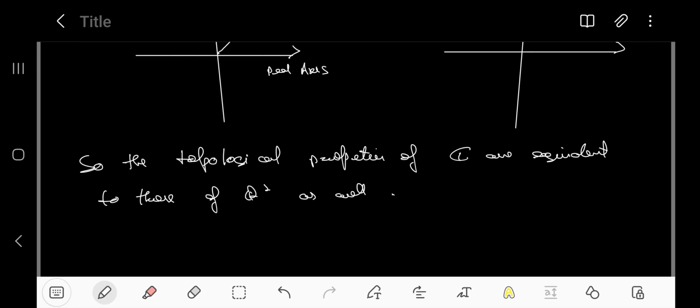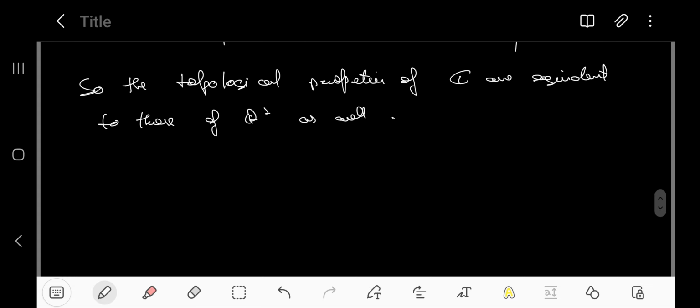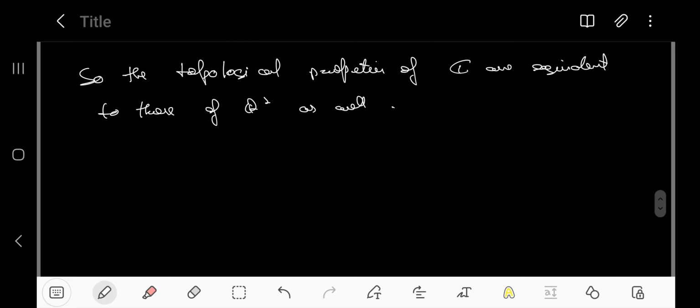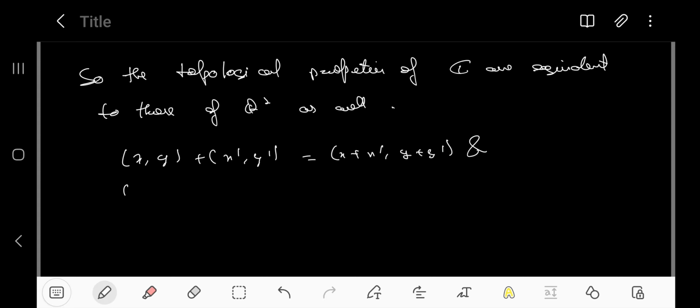Clear? Moreover, if we want to explore this field C in terms of coordinates in an R2 plane, then it is also pretty easy, just by defining addition as the simple addition of coordinates, where we have (x, y) plus (x', y') as (x plus x', y plus y'), and the multiplication is defined as (xx' minus yy', xy' plus x'y).